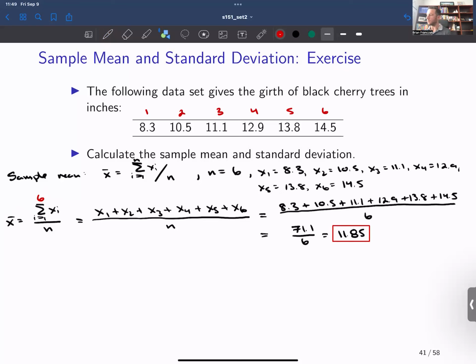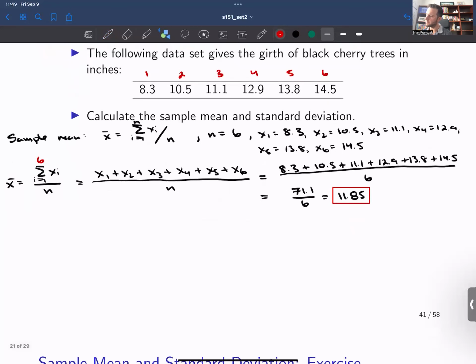Now for the sample standard deviation, we can proceed in two ways. We can use either the defining formula or the computing formula.